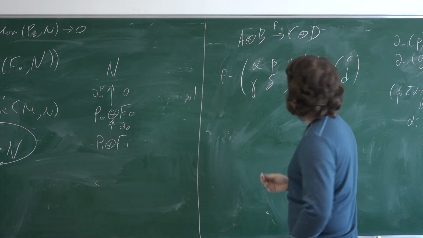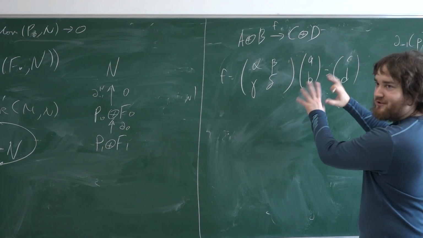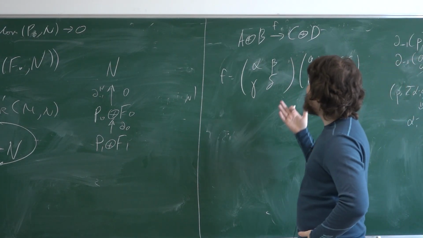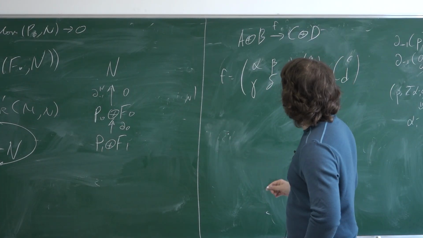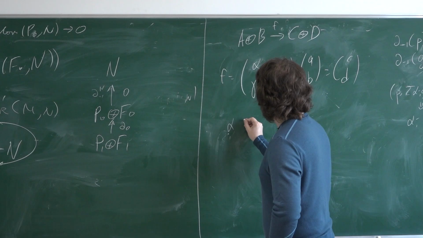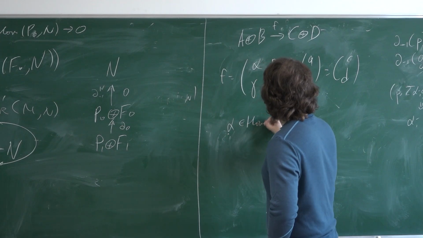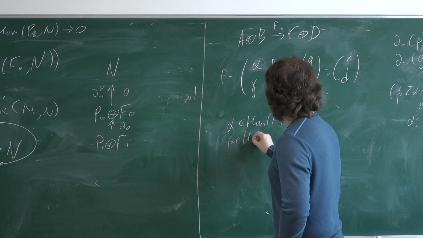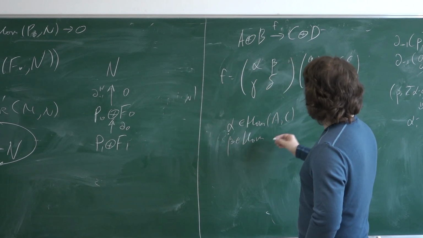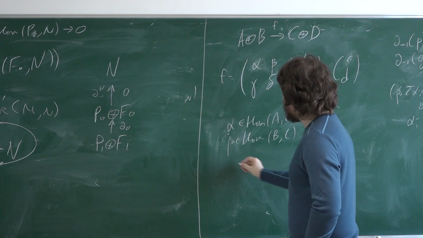What does it mean? This means, in the usual matrix multiplication, that alpha is just an element from Hom from A to C, beta is Hom from B to C, yes, and so on.